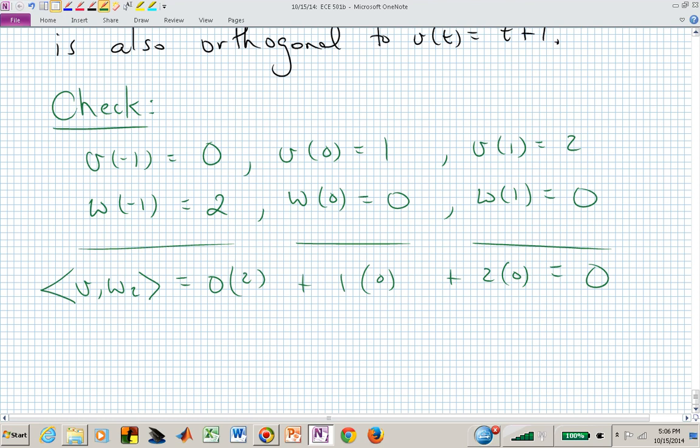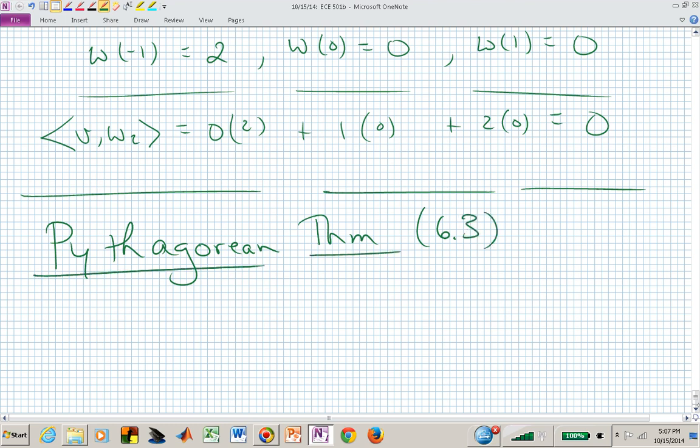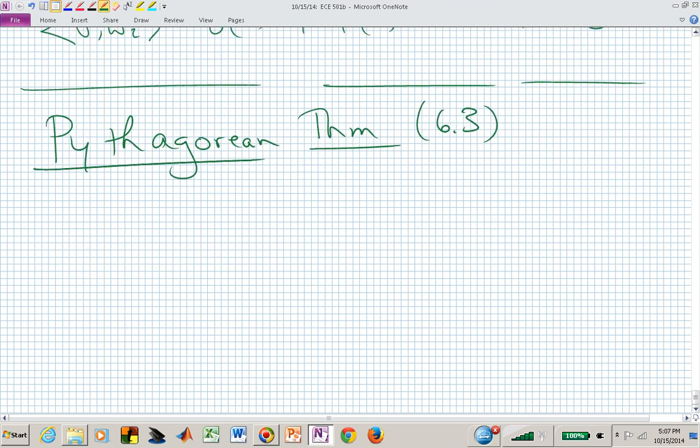So, with that said, let's look at generalizing the Pythagorean theorem. This is now 6.3 in Chapter 6.